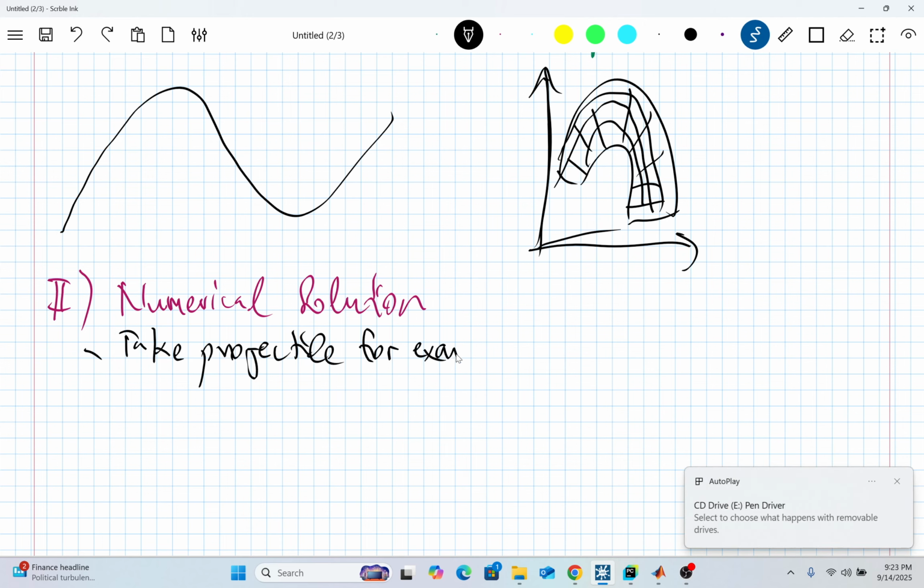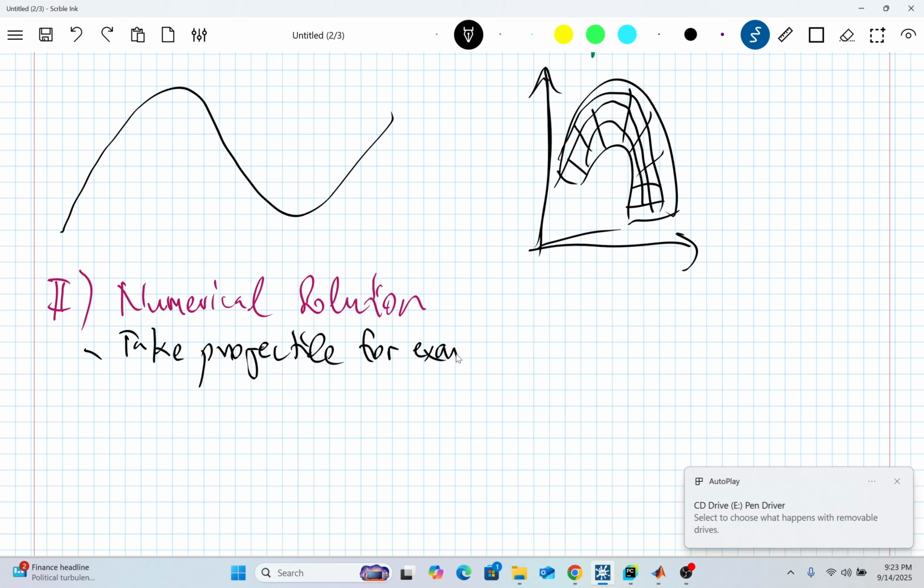I'll call it A. Then, what are the steps to solve this in your computer? First, you input initial conditions. In this example, you will input V0, and V0 could be a vector of Vx, Vy, and Vz.